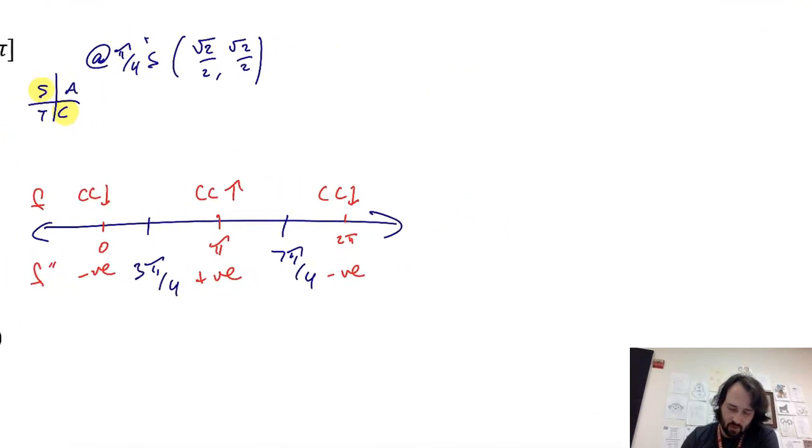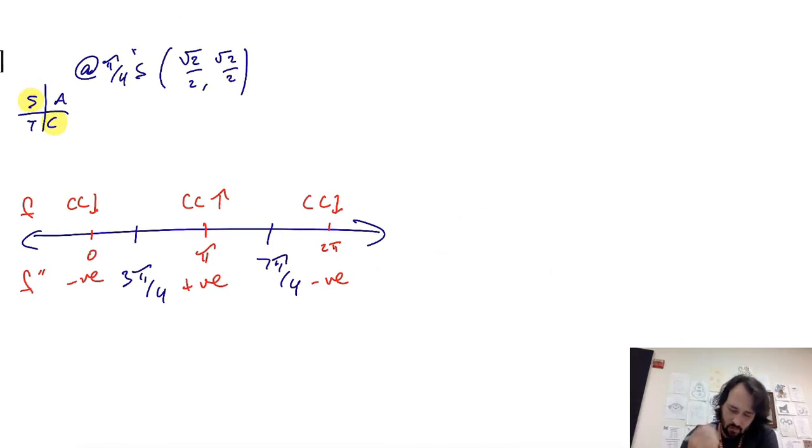So I have 2 points of inflection. I have 2 intervals where I am concave down and one where I'm concave up.